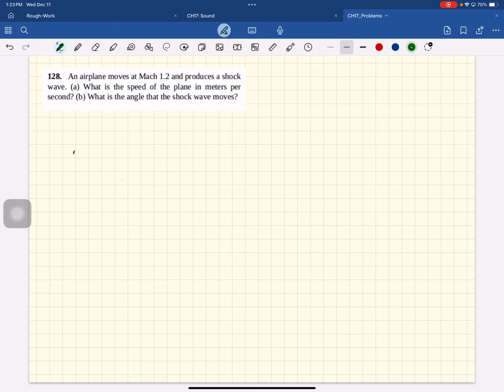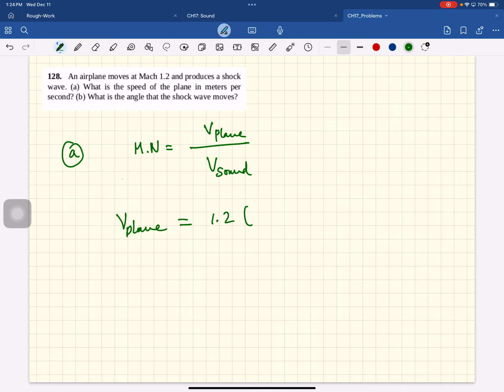Part A, the Mach number is equal to the speed of the plane divided by the speed of sound. So what is the speed of the plane? The speed of the plane is 1.2 times the speed of sound, 343 meters per second.